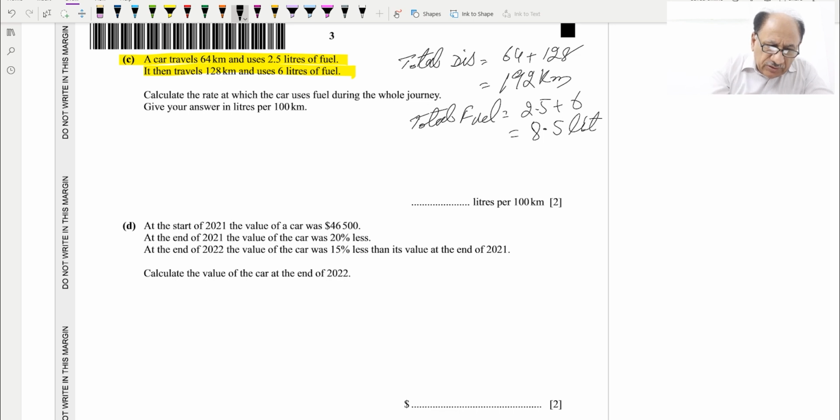They are saying calculate the rate at which the car uses fuel during the whole journey. Give your answer in liters per 100 kilometers.